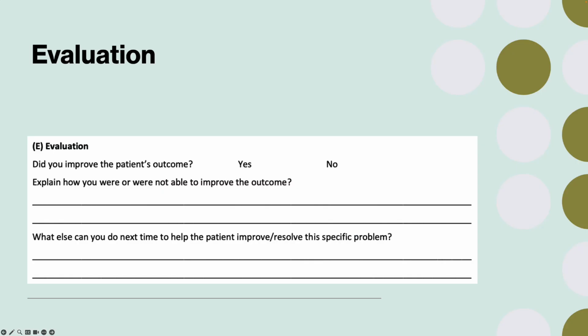And last is evaluating. Did we accomplish our goal, or at least improve their outcome? Nursing is filled with critical thinking and self-evaluation, and this is where you'll practice this skill. Evaluate what and how your interventions work to improve the situation or outcome for the patient.